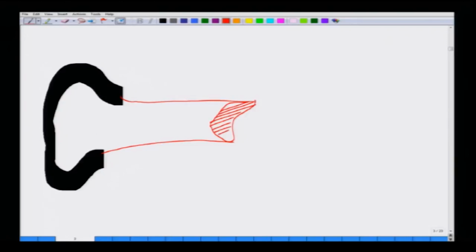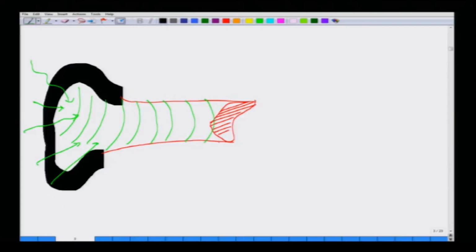The sound waves are coming from outside, traveling here. First they hit upon the tympanic membrane. After hitting the tympanic membrane, they have to interface. So, this is the outer ear.